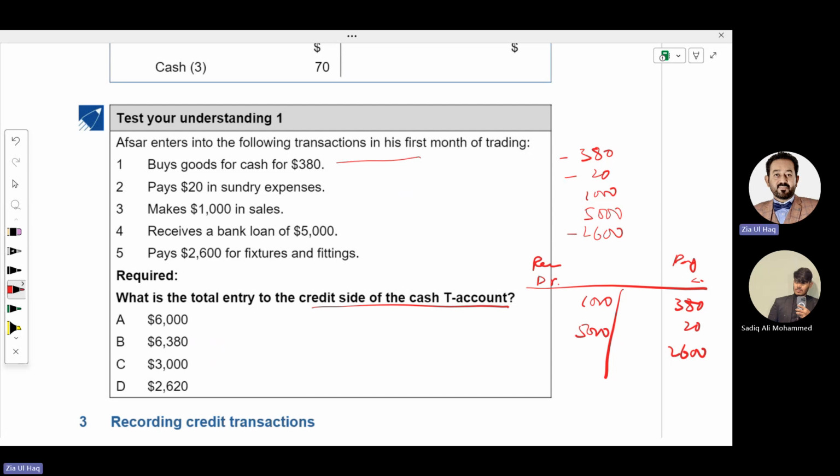So what is the credit entry on the credit side? How much is the total? 3,000. Which option? This is credit side, isn't it? This is debit side. If he asks about debit side, 6,000.